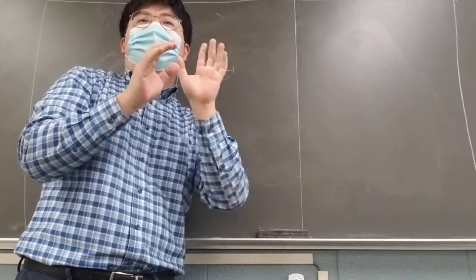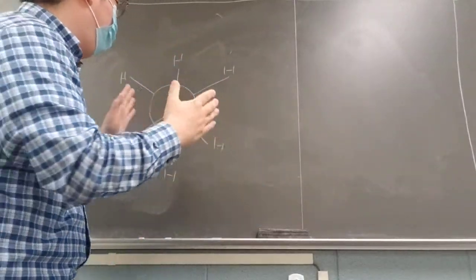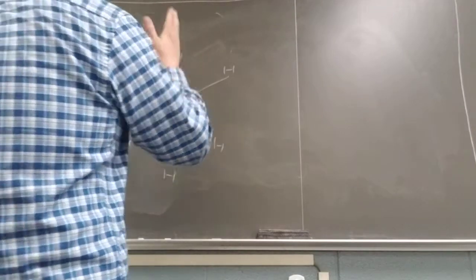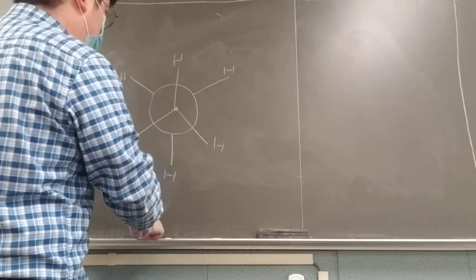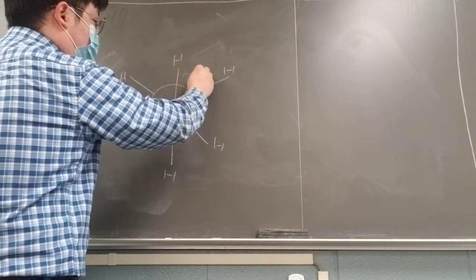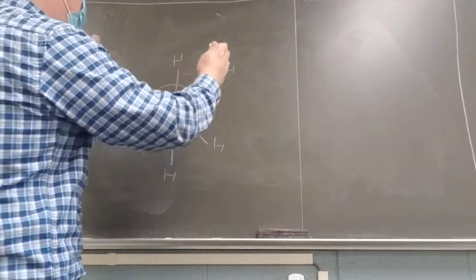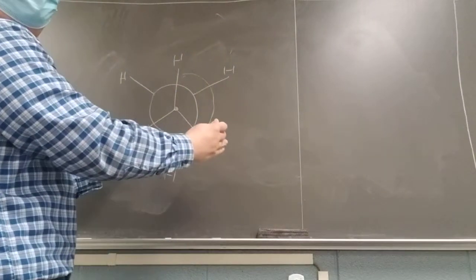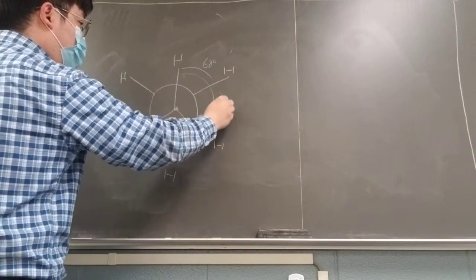But that is the bond angle in what? 3D, right? If you put all the bonds in front of you in the 2D plane, it will be merely what? 120. Because we put it in 2D, not 3D. So those have a 60 degree separation.